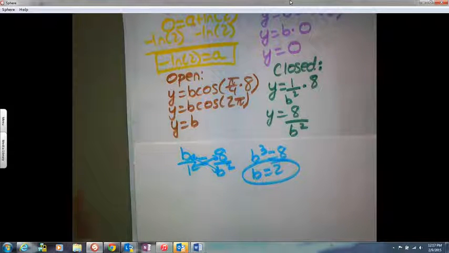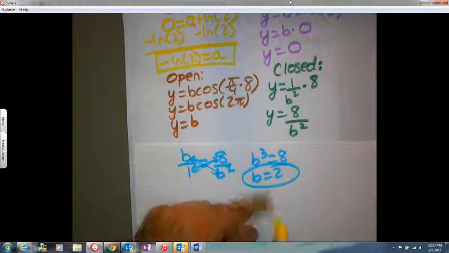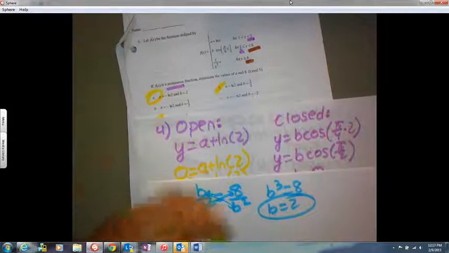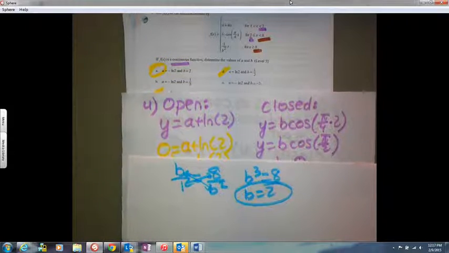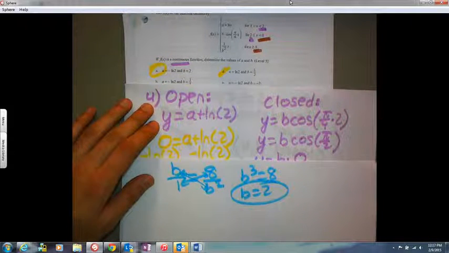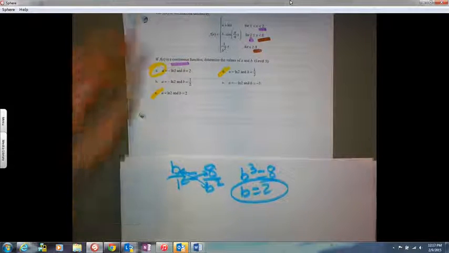Questions on this? B equals 2, which is answer choice A. Questions on this one? What else?